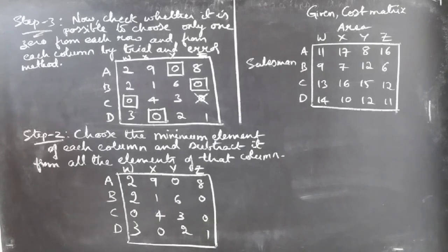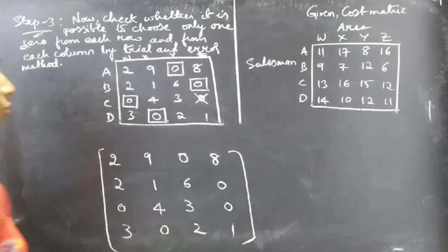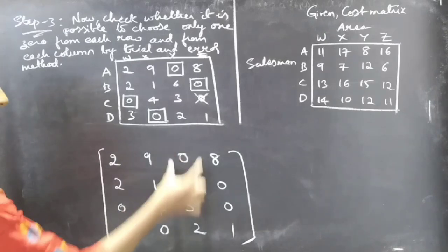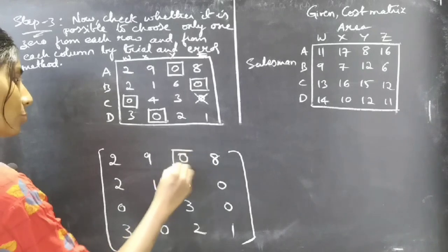Okay, I'll tell you once again, just let me repeat this. So this is the final reduced matrix, right? Now pick the single 0 from each row, and check whether you have another 0 in the same column or not. Okay, so coming to the first row, you have one 0, and in this column also you have only this 0, so let's assign this.